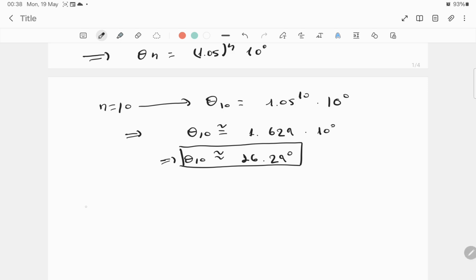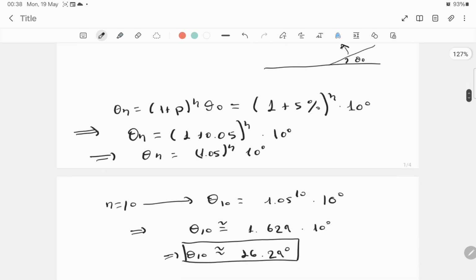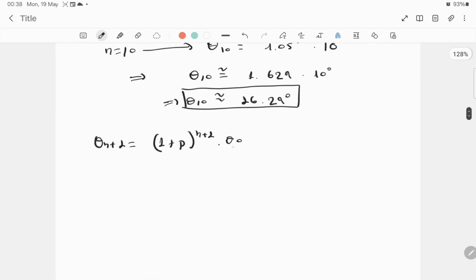Also you can find what is theta n plus 1. Theta n plus 1 is going to be 1 plus p to the power of n plus 1 times theta 0. And if you take the ratio theta n plus 1 over theta n, you get the following.